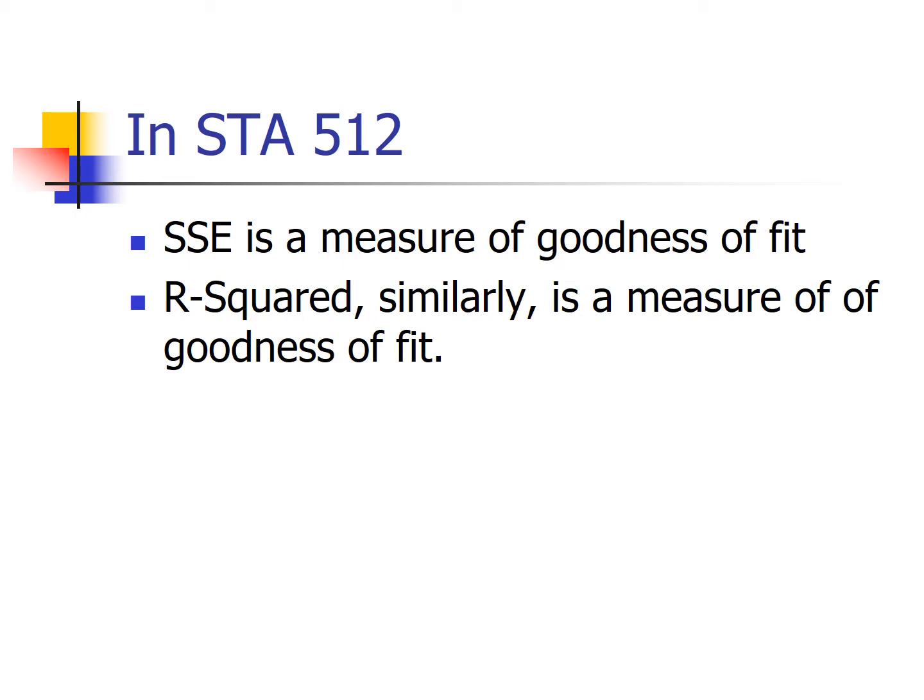So that was comparing observed to predicted: what we actually saw for y versus what we would have predicted for those values of x given the model we've just fit. And R squared is derived in part from SSE. So similarly, we could think of that as a measure of goodness of fit.